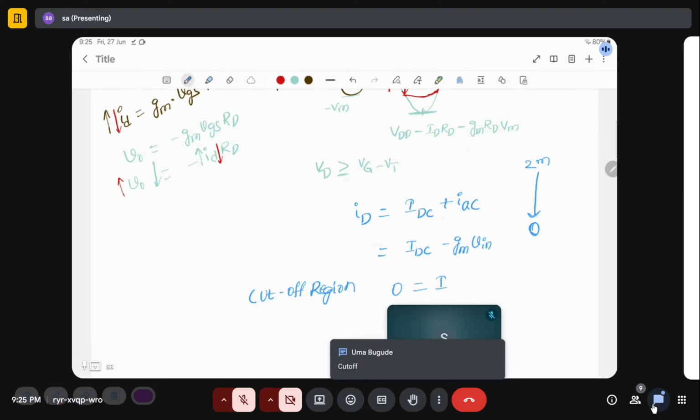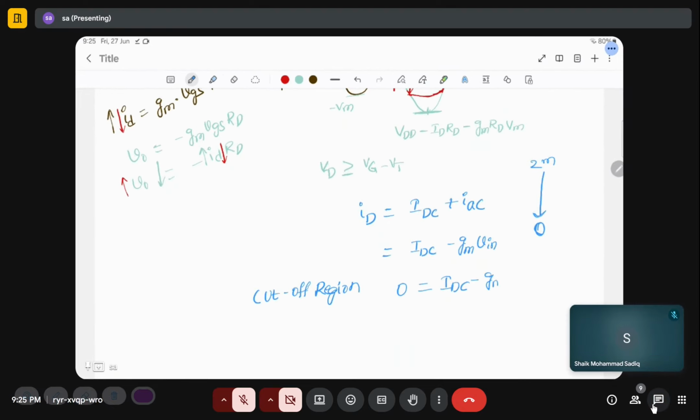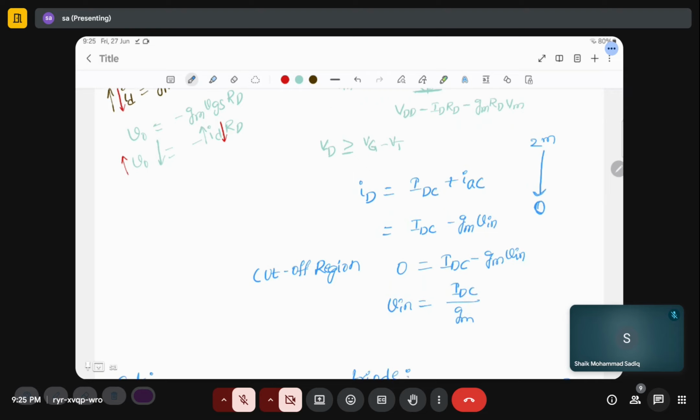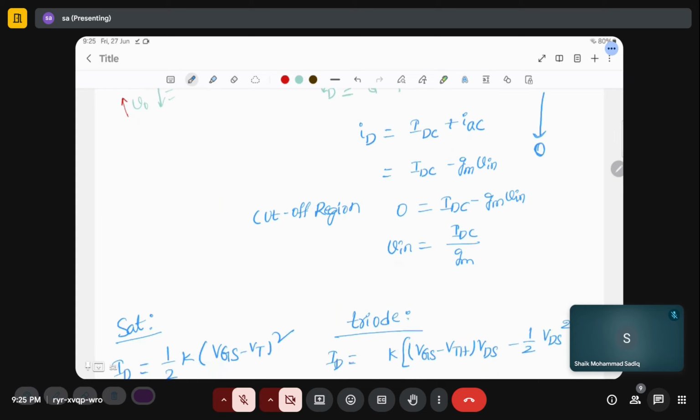This becomes zero. Let us call this Vin max 1.